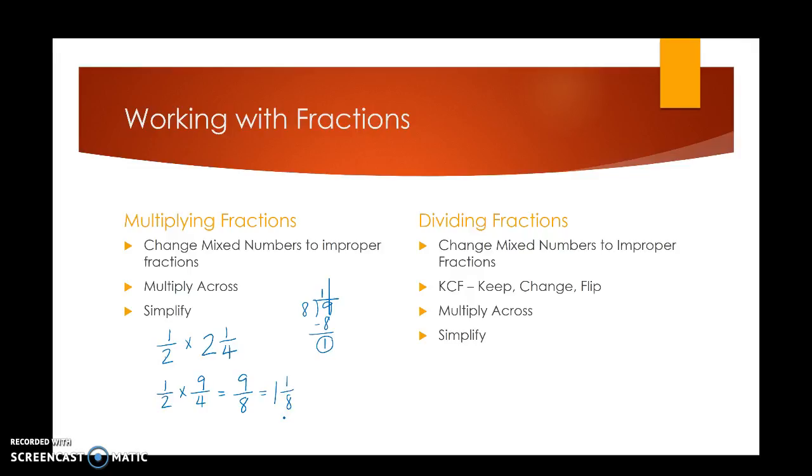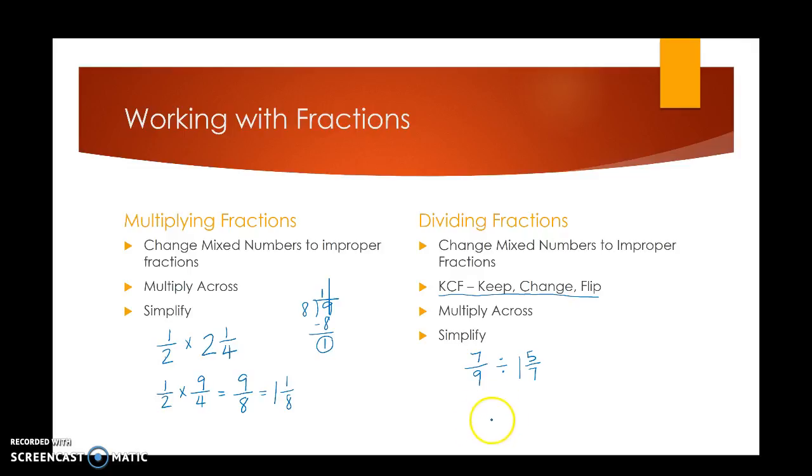So if we're dividing fractions, the only difference is this KCF. If I have, let's see, 7 over 9 divided by 1 and 5/7, I don't think that's going to work, but we can try it.